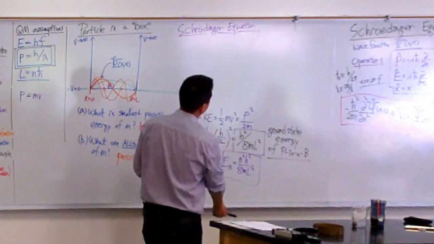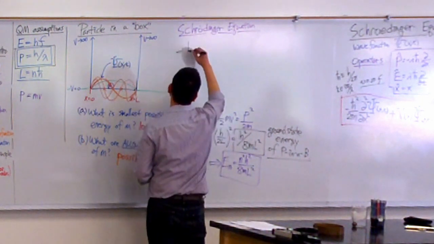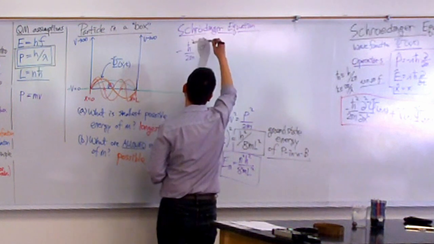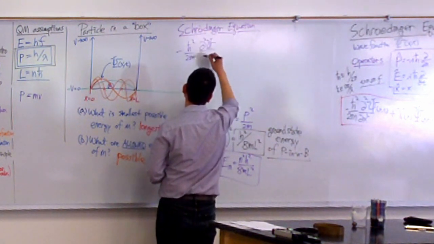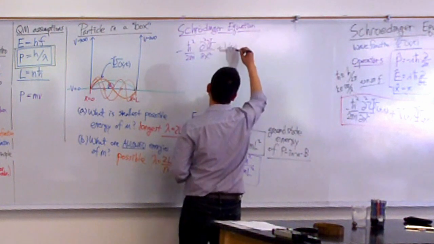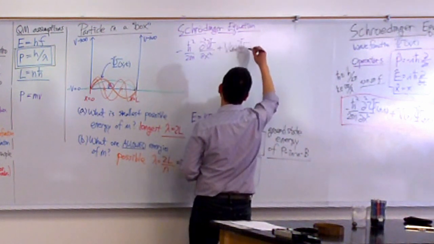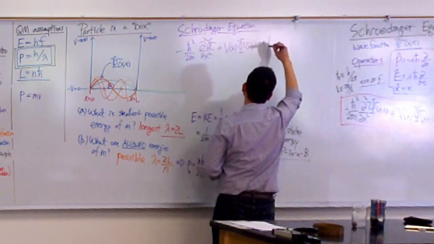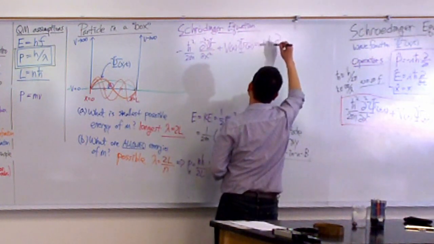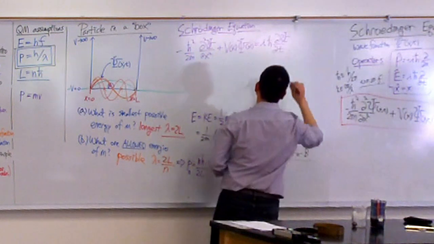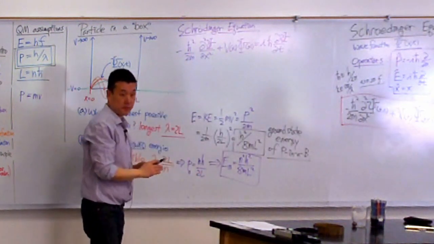So the full Schrödinger equation is this: minus h bar squared over 2m, double position derivative of this function, plus V(x) psi(x) is equal to i h bar single time derivative of psi. Right? That's the Schrödinger equation.